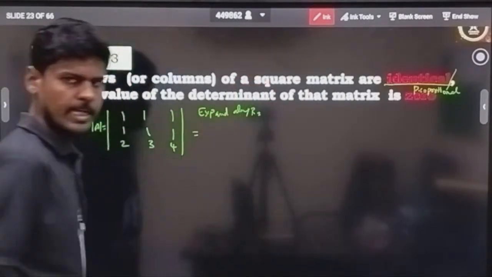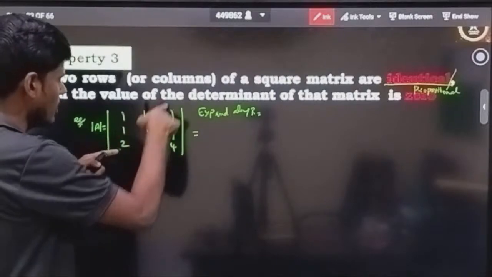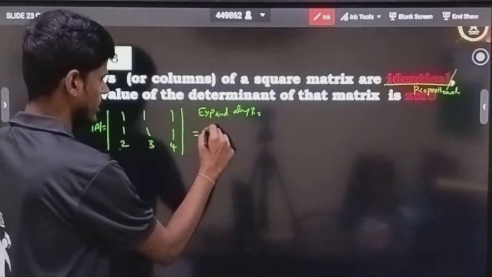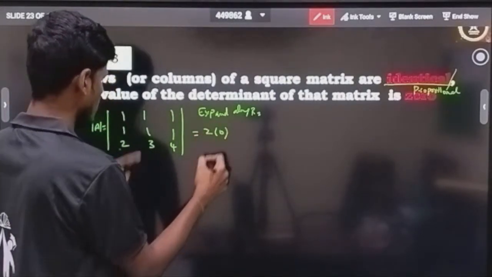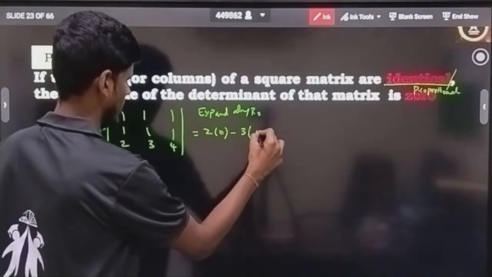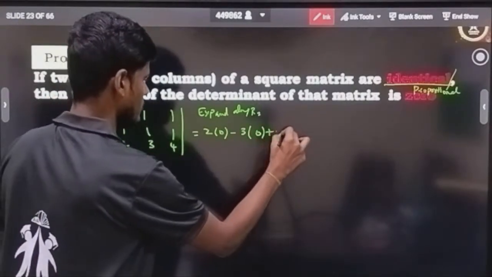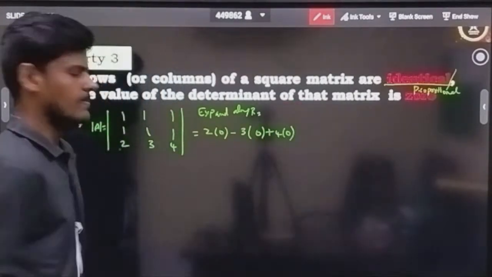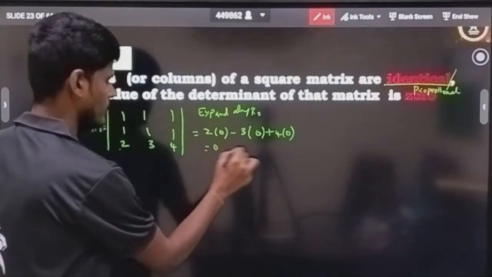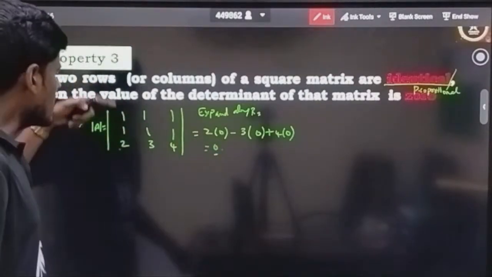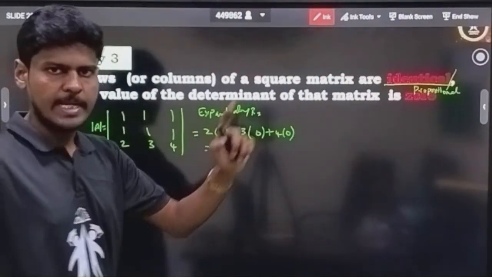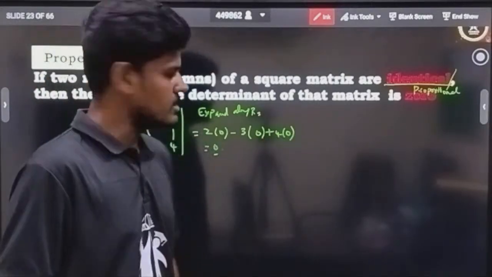Expand along row 3. Then we will get 2 into 1 minus 1, that is 0. Minus 3 into 1 minus 1, 0. Plus 4 into 1 minus 1, again 0. So what is the answer? 0. That means when any two rows or columns of a determinant become identical, its value is 0.